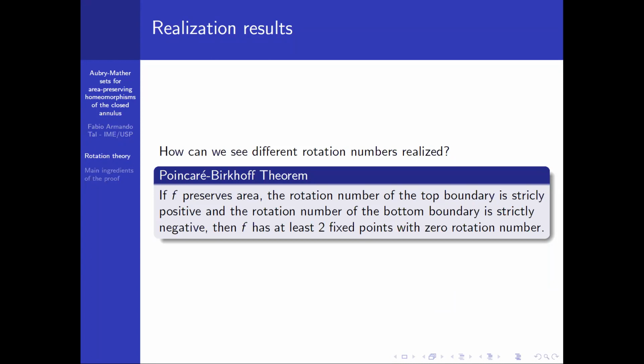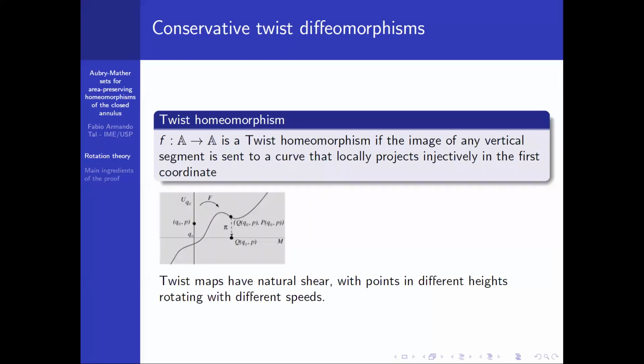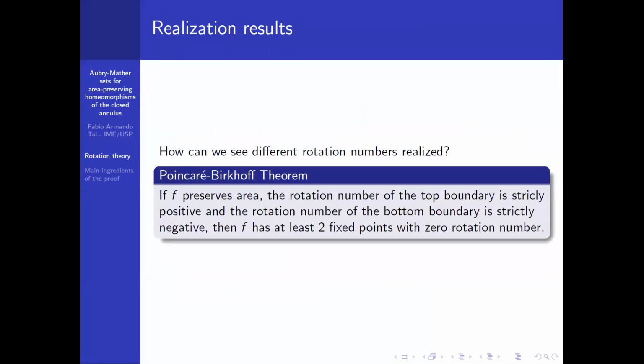In this case, a fixed point. So it's a first type of realization result, saying that if you have this sort of shear, you're going to find something else.